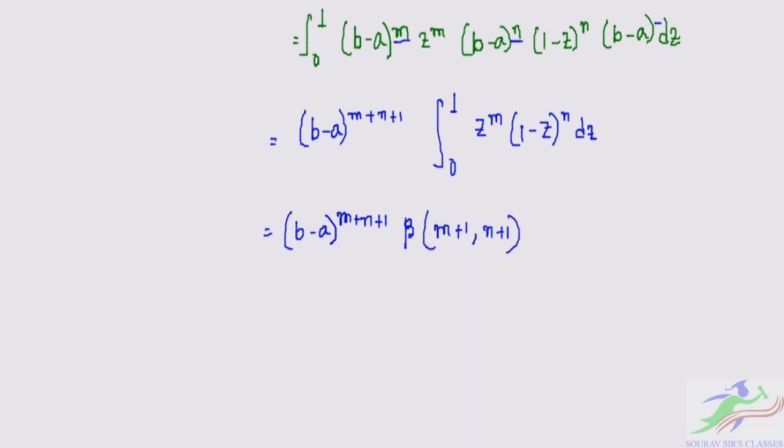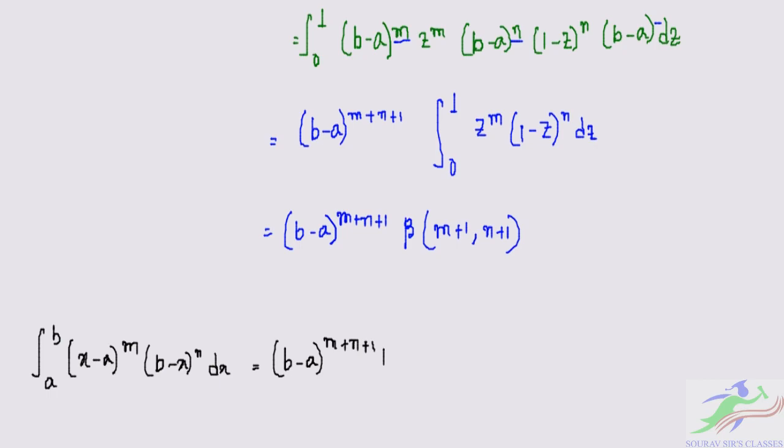So the answer will be: integral a to b of (x minus a) to the power m (b minus x) to the power n dx will be equal to (b minus a) to the power m plus n plus 1 times the beta function B(m plus 1, n plus 1), if m is greater than or equal to minus 1 and n is greater than or equal to minus 1, right?